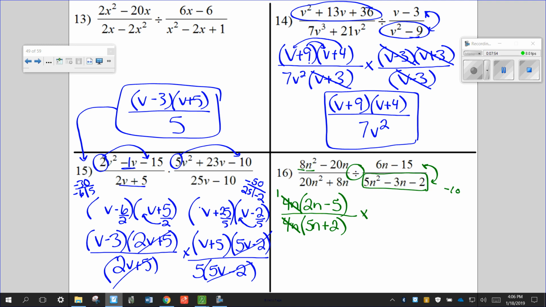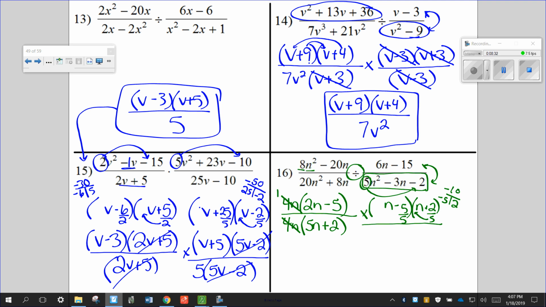So I multiply the 5, the leading coefficient, by the constant term. I get negative 10. I need factors of negative 10 that add up to negative 3. That would be negative 5 and 2. So I'm going to write n and n, so n minus 5, n plus 2, but I have to divide both of them by 5, because that's my leading coefficient. The first one's going to divide out, but the second one's not, so that's where our bottoms up comes into play.